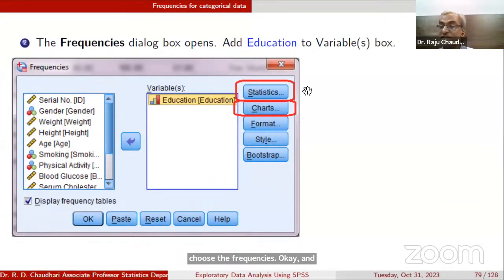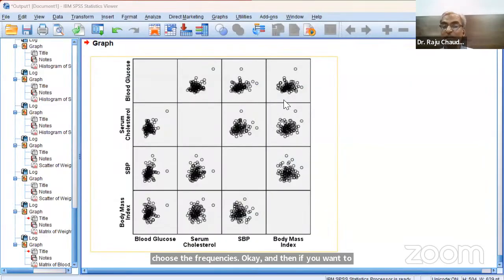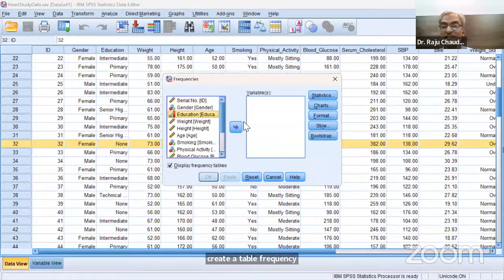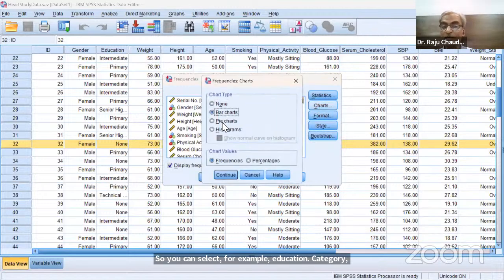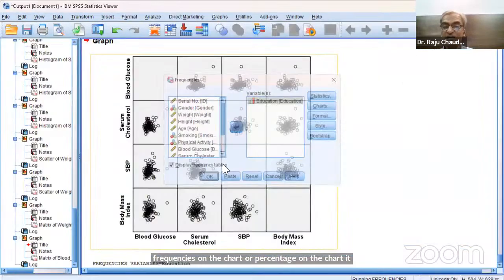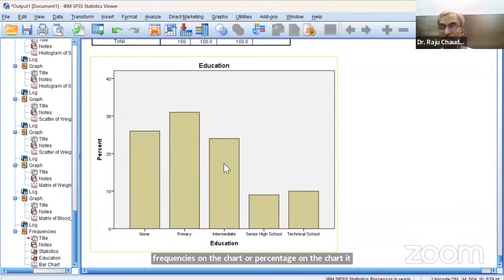If you want to create a frequency table, you can select, for example, education category. At the same time, if you want a chart also, you can select bar chart. If you want frequencies or percentages on the chart, it is as per your selection, and you will get the output like this.